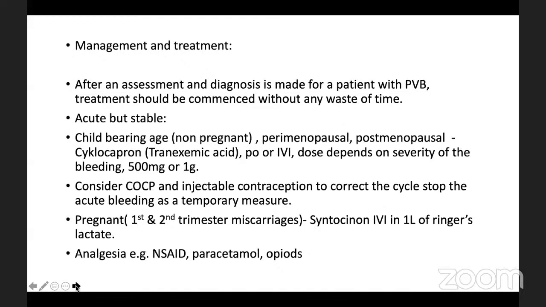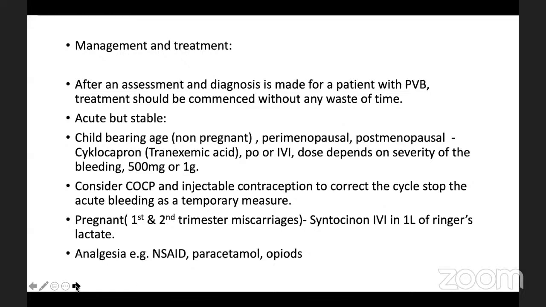After an assessment and diagnosis is made for a patient with PV bleeding, treatment should be commenced without any waste of time. So in acute but stable patients, non-pregnant women, the whole group, childbearing age, perimenopausal, postmenopausal, in terms of medication, conservative management, we give them tranexamic acid.